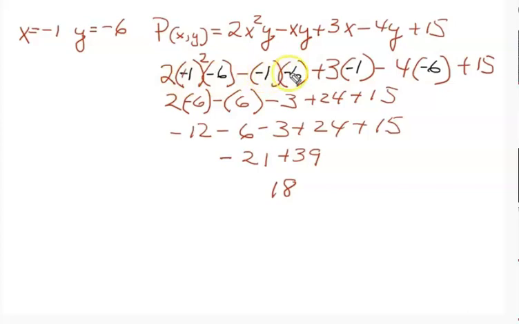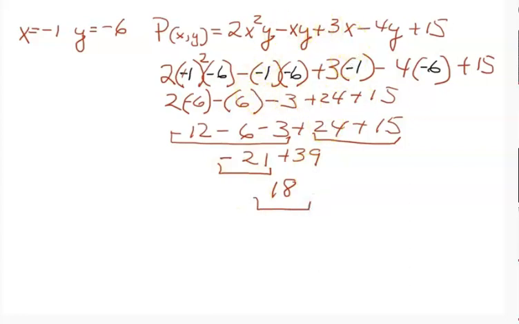Now here, negative times negative made this a +6, but the negative is still there. Now -1 times 3 is a -3. -4 times a -6 is a +24, and we have a 15. So I did this multiplication, got a -12. This is a -6, -3, added these 3 up, got a -21. Added these 2, and I got a 39. Subtracted 21 from it, and I get an 18.